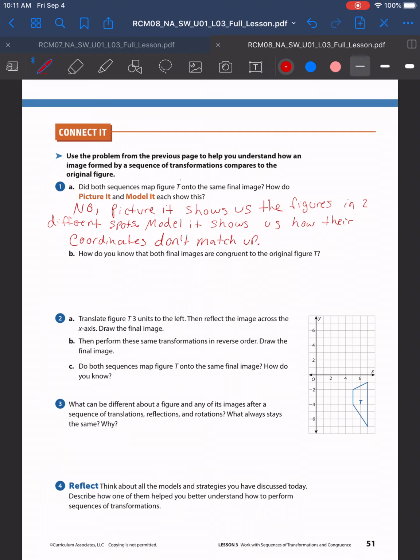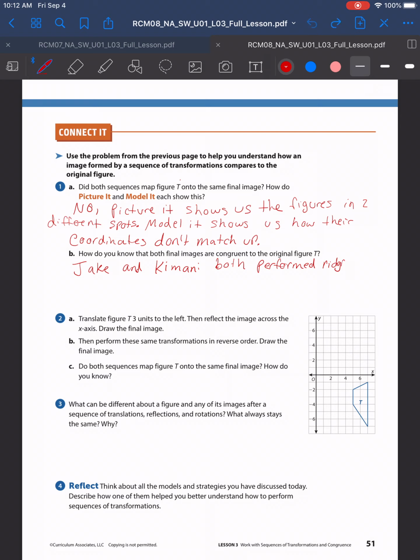Okay, how do you know that both the final images are congruent to this original figure T? Well, I know that they're congruent because the two transformations that Jake and Kimani did were still rigid transformations. So I'm going to say Jake and Kimani both performed rigid transformations.